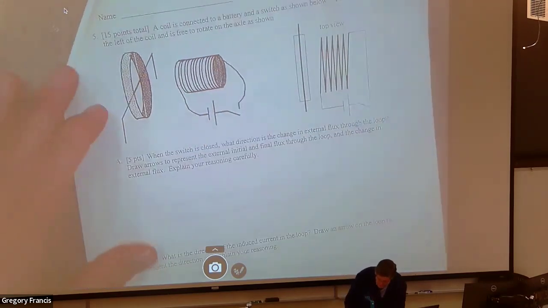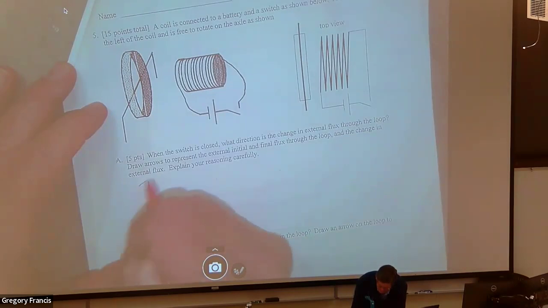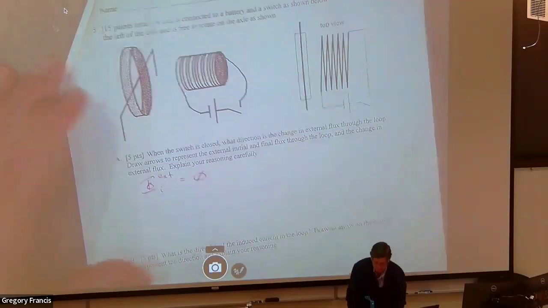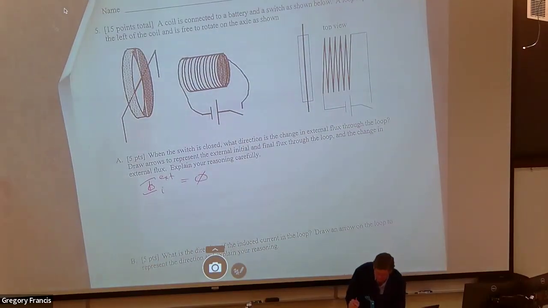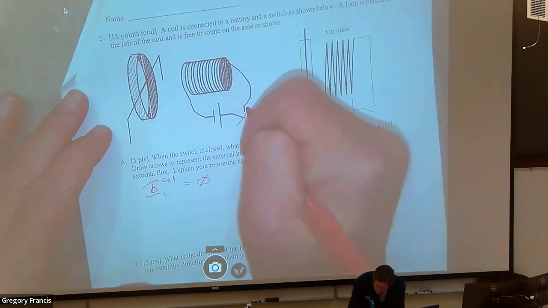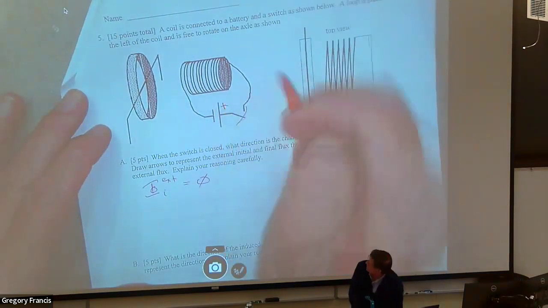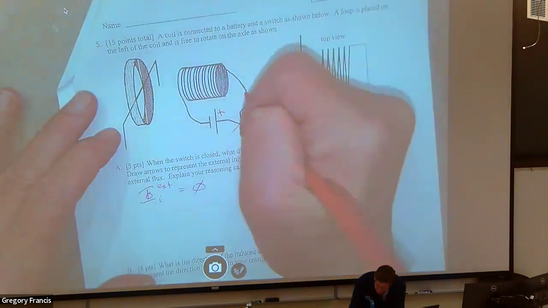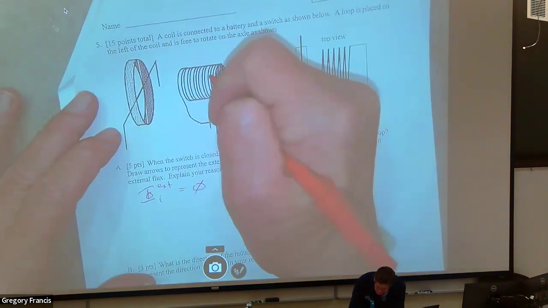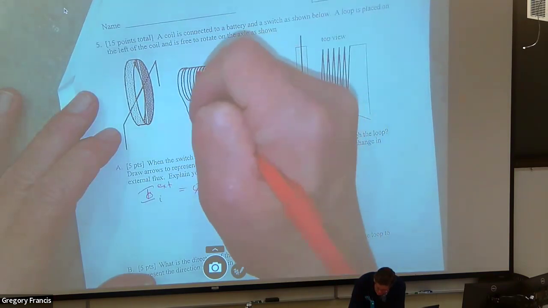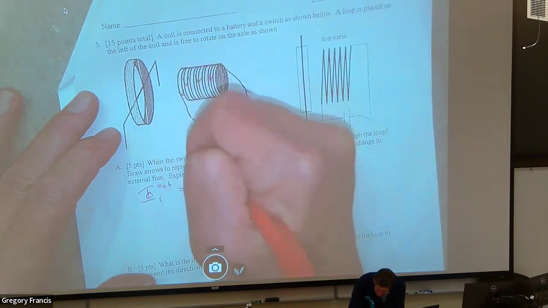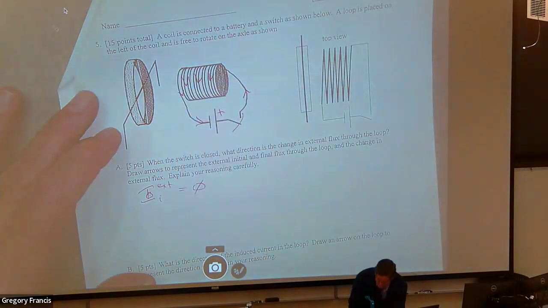And so I know that the initial external flux is 0 because the switch is open. Now, if I close that switch, this is the positive terminal of the battery. And so conventional current's gonna go up the back and down the front, up the back and down the front, up the back and down the front, up the back and down the front, and down that way.